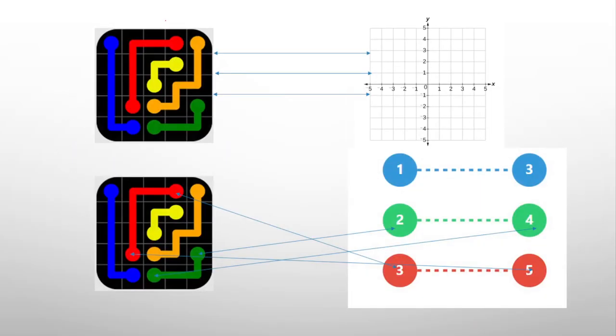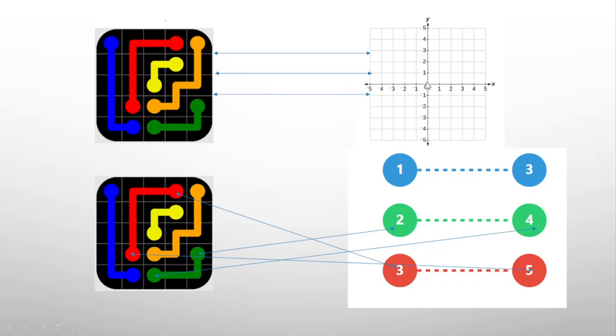What we can do is show that functions work exactly like this game. You can map the board game to the Cartesian plane that you already know. This is the plane that all the things happen on.